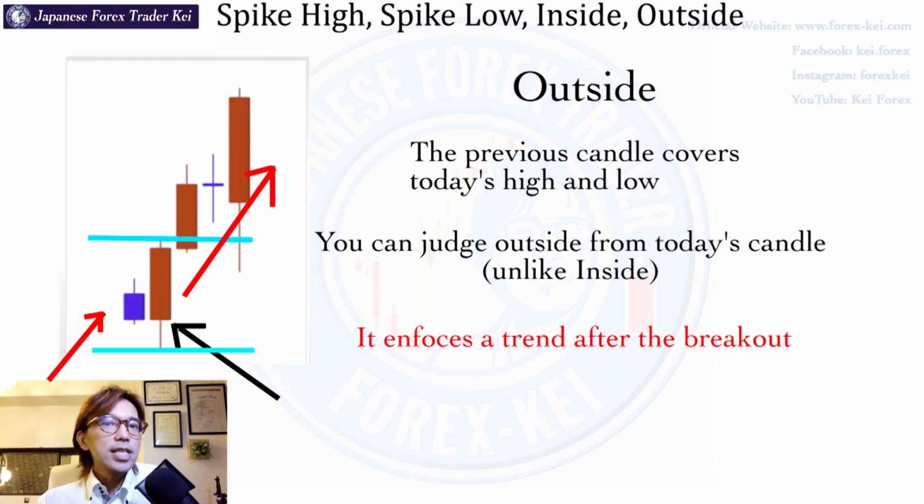However, as for the inside, just by looking at this candlestick right here on this day, you still don't know if it's going to be inside or not until you see the next candlestick, you see? But as for the outside, you can tell it from today, right? After today's candle covers the previous day's high and low.